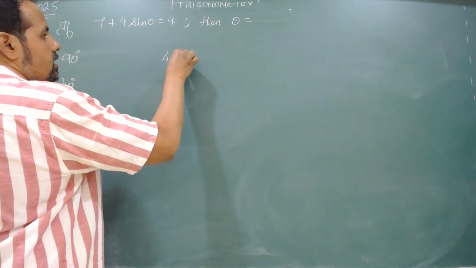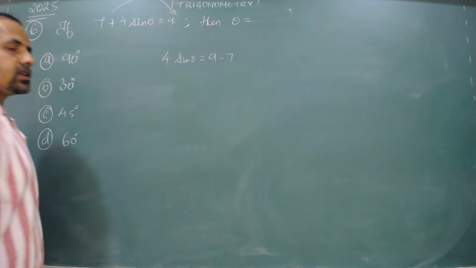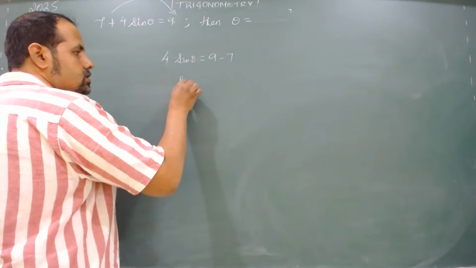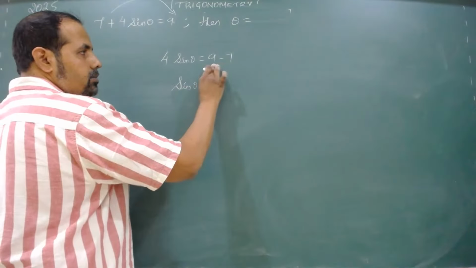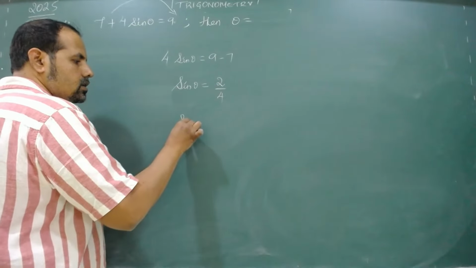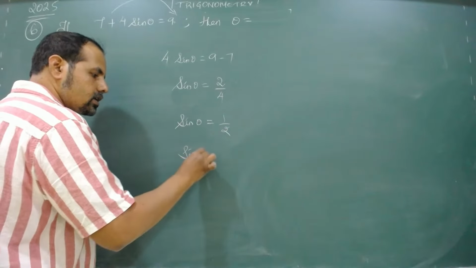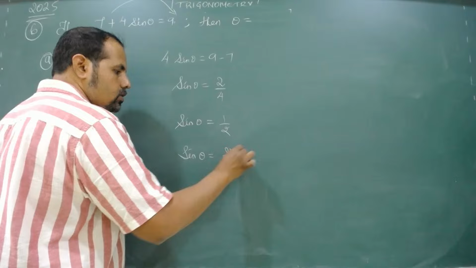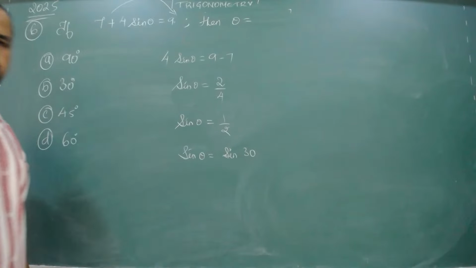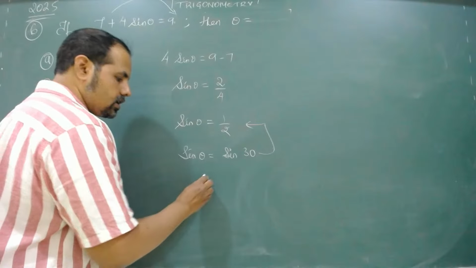4 sin theta is equal to 9 minus 7. Sine theta is equal to 9 minus 7, which is 2, and 4 goes to the denominator. Sine theta is equal to 1 by 2. You very well know that sine is equal to half of 30 degree.